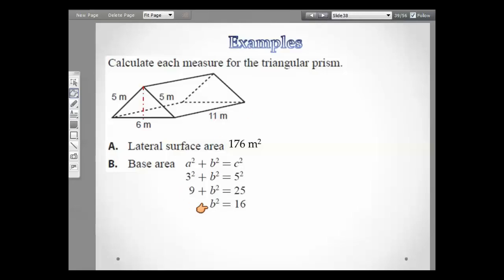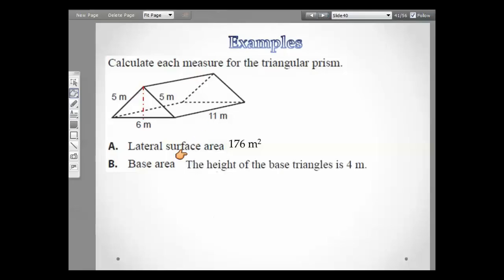And then I subtracted the 9 from both sides, so I got b squared equals 16. And then found the square root of 16, which is 4. So the height of this triangle right here is going to be 4. And yes, this is a little bit of extra work that you're going to have to do to find this prism surface area. So I added right here, the height of the base triangles is 4 meters.